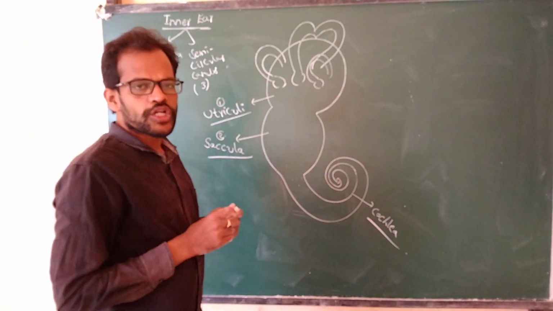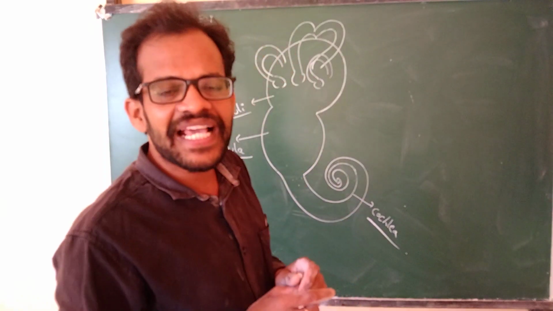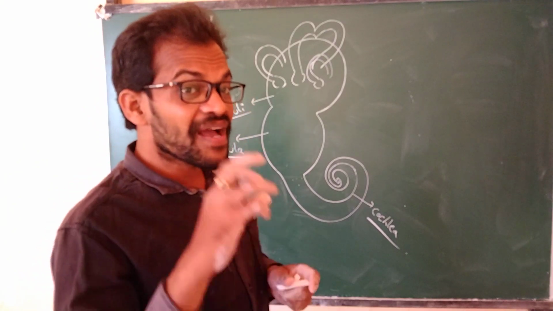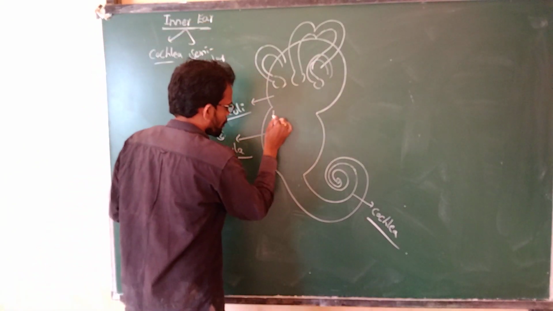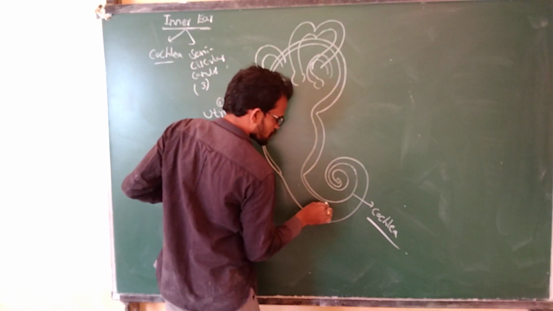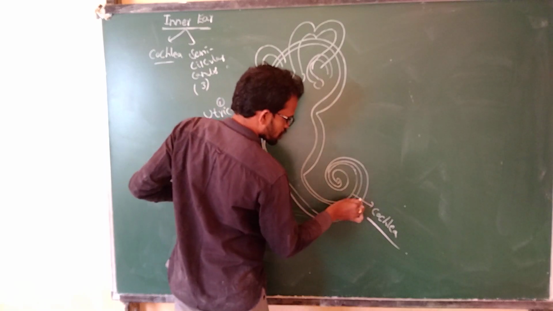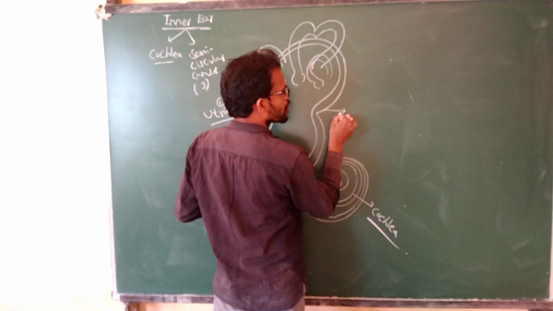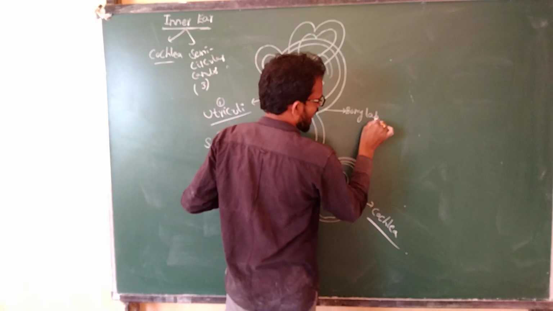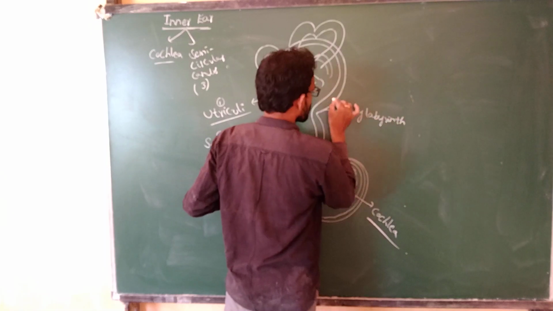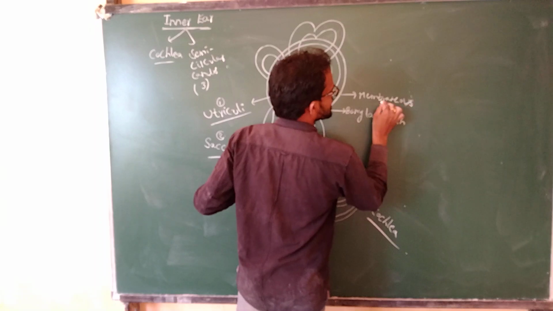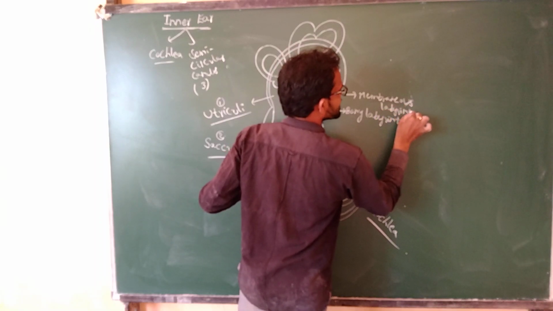This entire part, utriculus, sacculus and the semicircular canals, has an outer part consisting of the bony labyrinth and an inner part consisting of the membranous labyrinth.